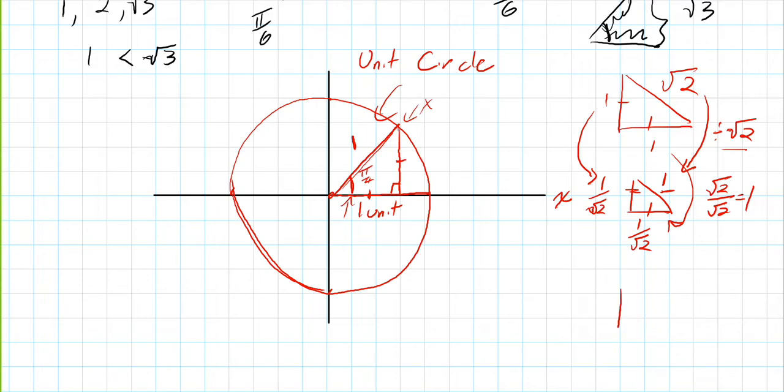So I can write the exact same thing here, and instead of 1 over root 2, I can multiply by root 2 over 2. We just do a little bit of multiplication and we get root 2 over 2. This distance is important here. So we've got that, and now we also have our radian measures, pi over 4, pi over 4.